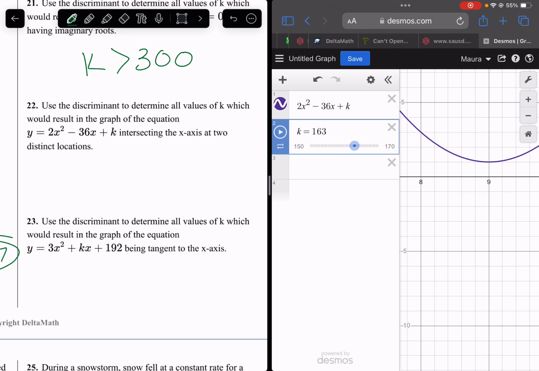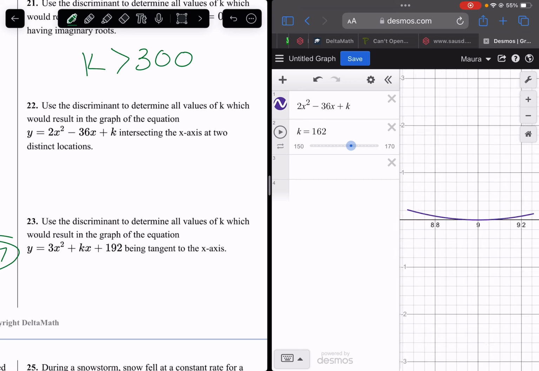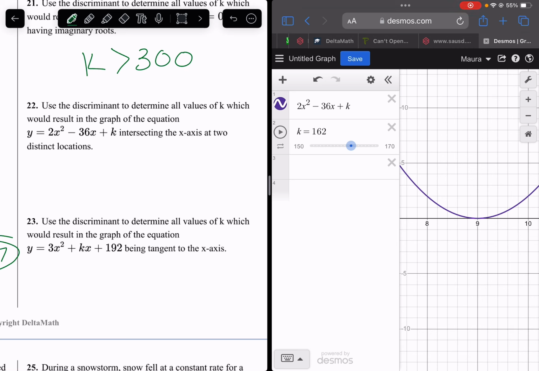So you can go ahead and kind of change that step so that it changes the values of k that it's spitting out there. But anywho, we can see that we end up having exactly one solution when k is equal to 162, okay? If I make k bigger than that, we have no real solution. And if I make k less than that, we're going to have two real solutions. And we want it to intersect the x-axis at two distinct locations.